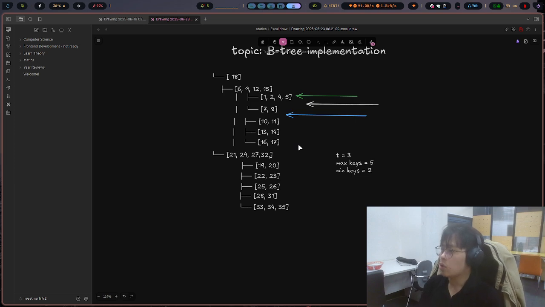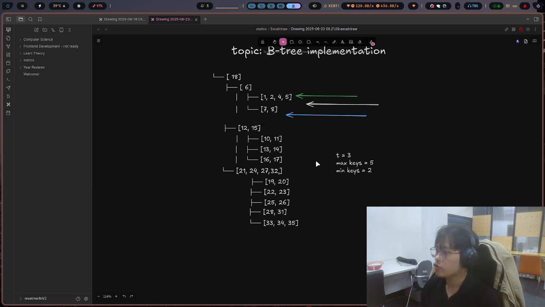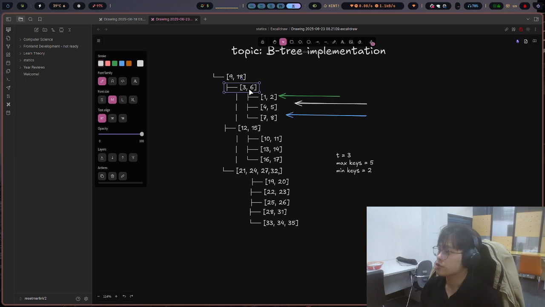But what I'm trying to say is, the easy case is easy. But what if you try to delete 3? That would cause underflow, right?